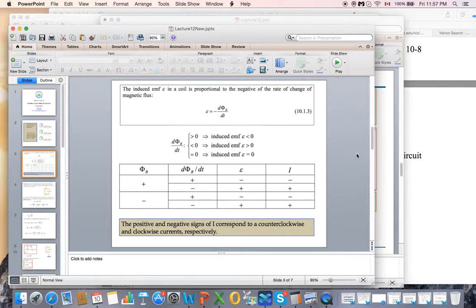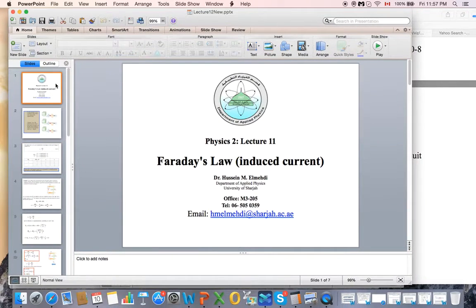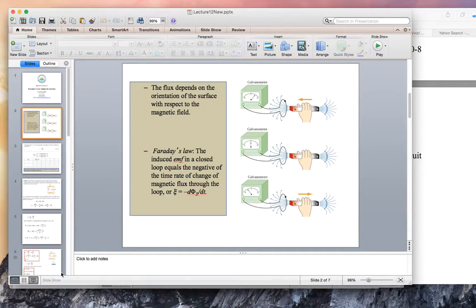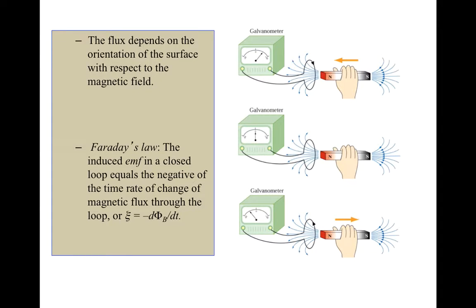This is the final tutorial for the year, and this is basically a quick one on Faraday's law and the induced current. I'm just going to go very quickly over the induced current idea, which comes from the fact, as we saw in class, that when you move a magnet, for example, into the coil, the magnetic field through the area changes.